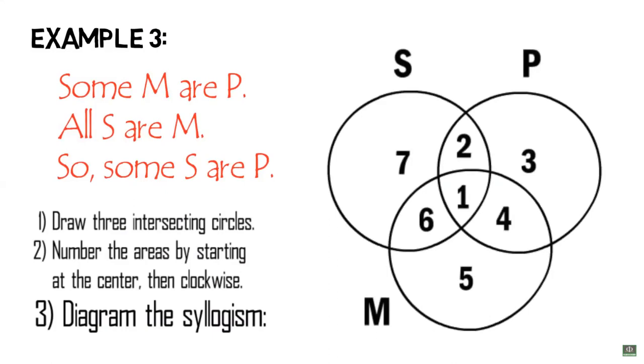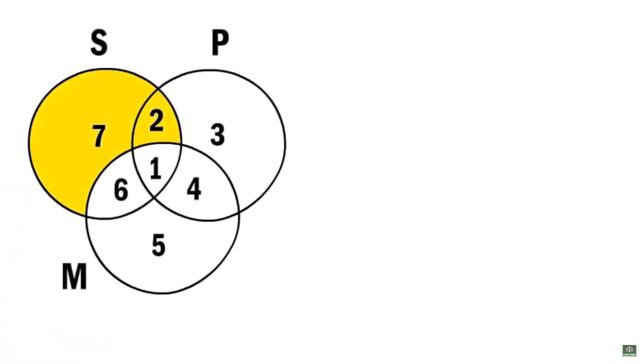As we already know, we will diagram the universal premise first, which is all S are M. Thus, the Venn diagram of the syllogism now looks like this.